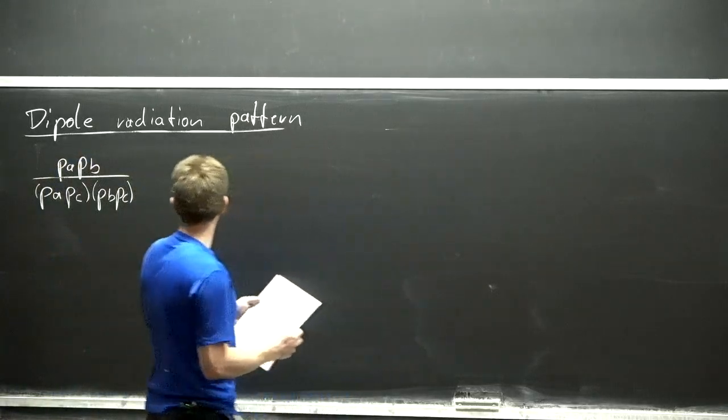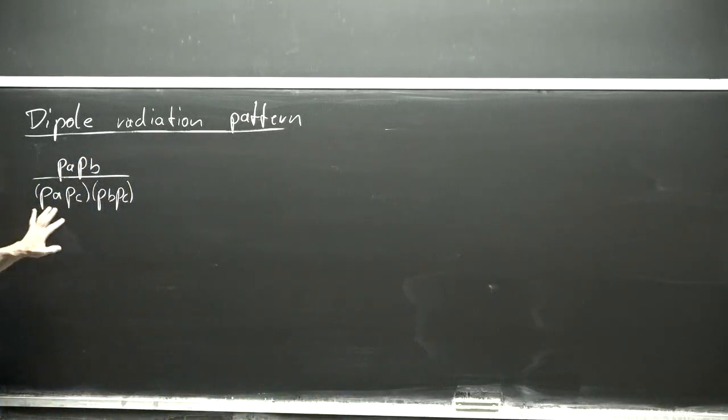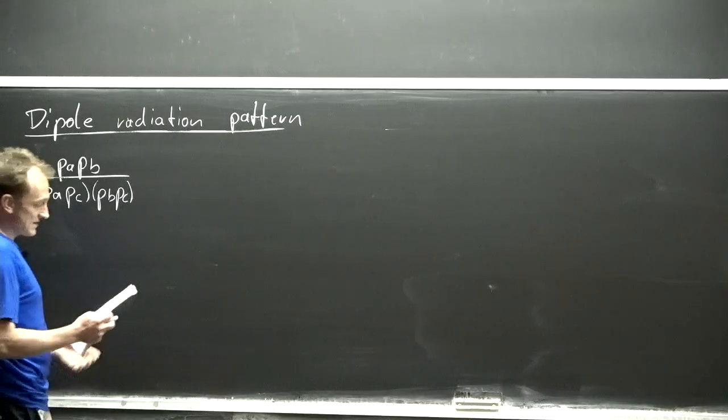And we discussed that you can choose a convenient frame where you put A and B in the forward and backward direction, or on the light cone, if you will. And then you can write this conveniently as 1 over transverse momentum squared. We will get back to this in a minute.